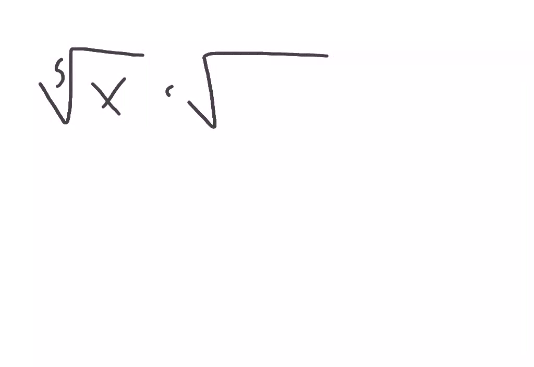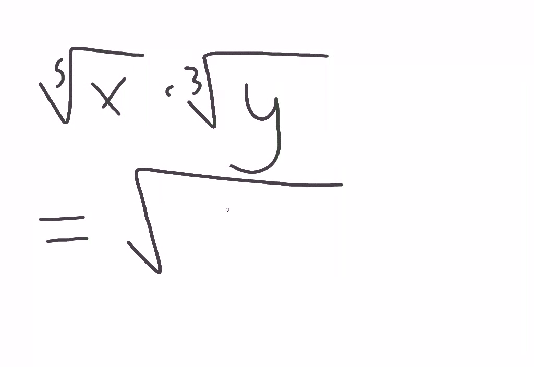I cannot, however, have the fifth root of x times the third root of y and have that equal the fifth or the third root of xy. That's just not the same thing. It has to be equal roots.